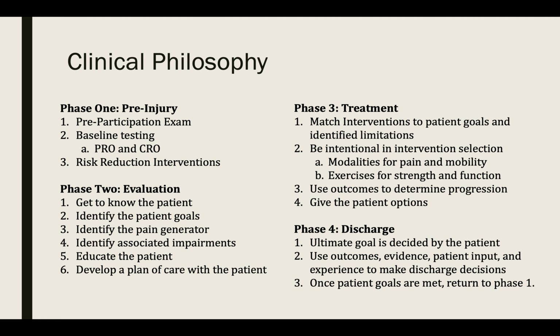We get to this phase when we start to use the outcomes, and we can look at what we see in our outcomes, what we see in the evidence, in our evidence-based practice, our patient's input, and our own experience, and we can really use that evidence-based model to guide us towards making a decision for discharge. And then it's important to know that as soon as someone is done with discharge and they're out of that phase four, they go straight back to that phase one pre-injury, right? And we continue to try and reduce the risk.